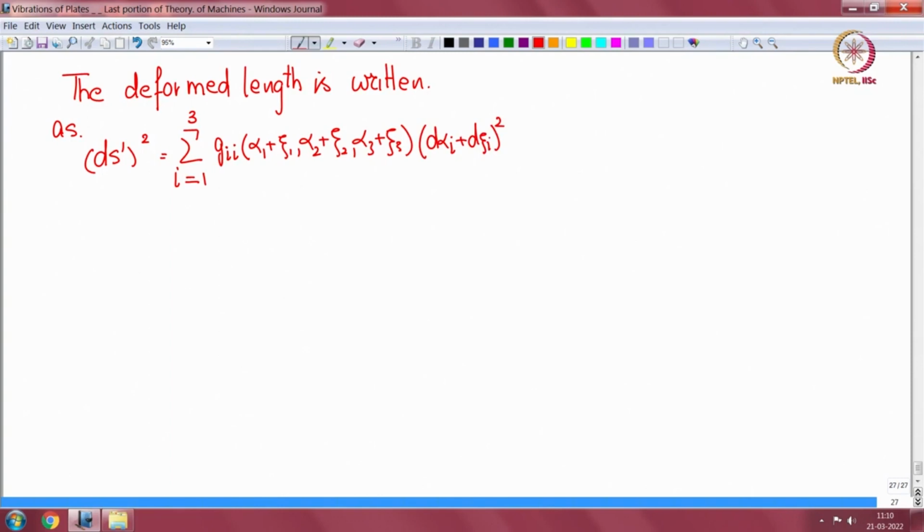Okay. So this is the new total length, the deformed length. Now here we have to make some approximations.